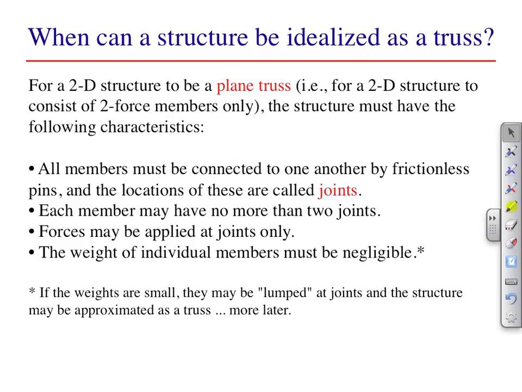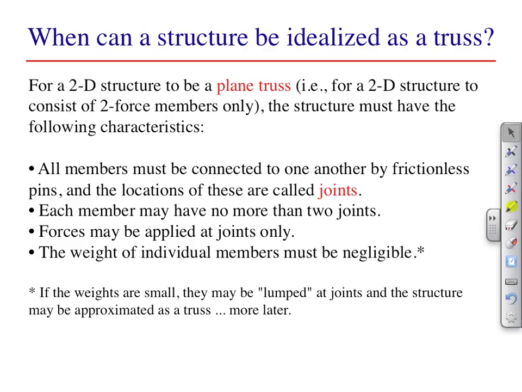If there were more than two joints, then at least one joint would represent an intermediate point between the ends, where forces from adjoining members would be applied, and the assumptions inherent in a two-force member treatment would again be voided. Our third bullet says that forces may be applied at joints only. This is another variation of the requirement that there be no intermediate loads between the ends. Finally, our last bullet says that the weight of individual members must be negligible.